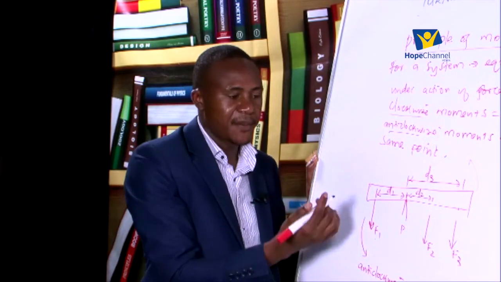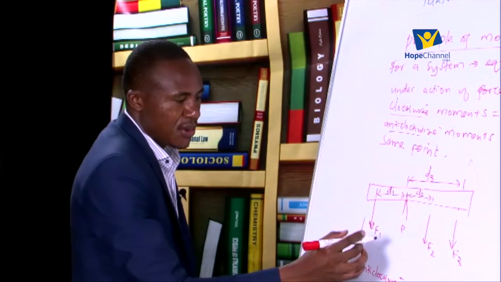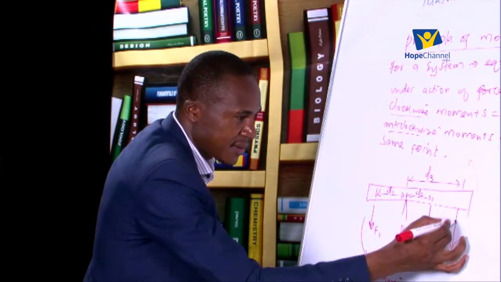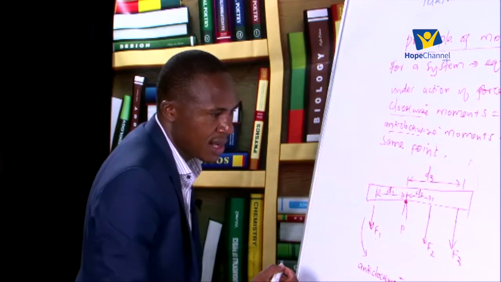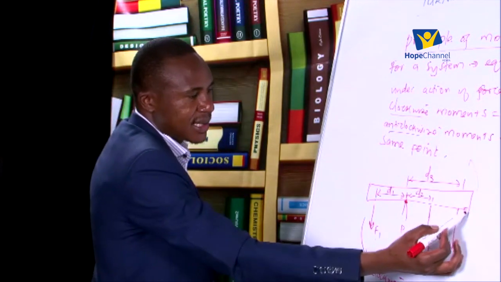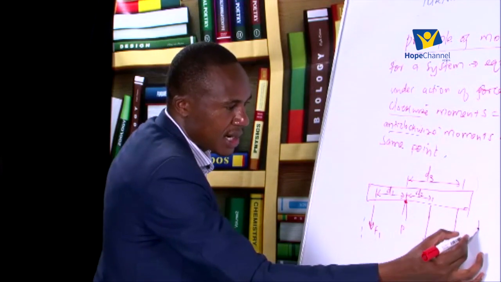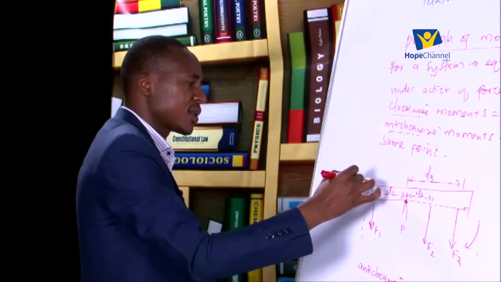Now, if you look at F2 and F3, assuming this was not there, now we exert F2 there and F3, assuming the point of support is P, then F2 will make this side of the meter rule go in the opposite direction. Now, that end will come down, and this one will go up.